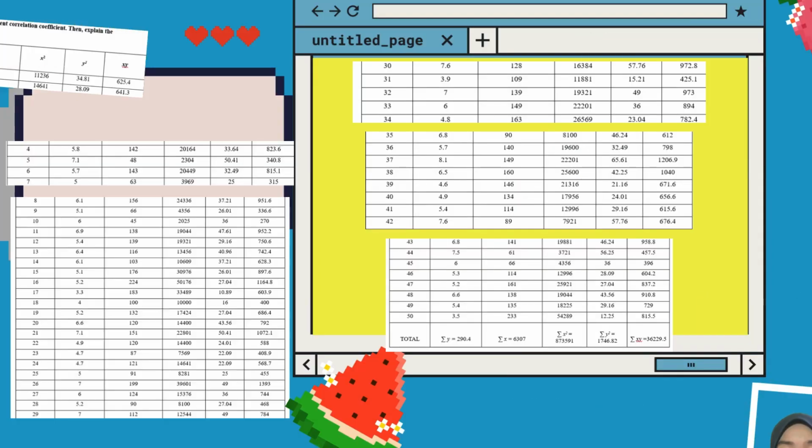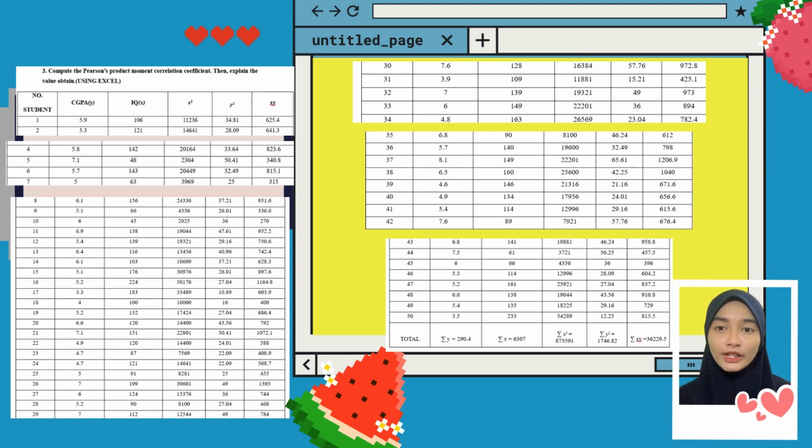From this data, we need to find x squared, y squared, and xy using the given calculation. To find x squared and y squared, we need to multiply x or y by itself. For example, 106 multiply 106, and the answer for x squared for student number 1 is 11236, and for y squared, 5.9 multiply 5.9, and the answer is 34.81.